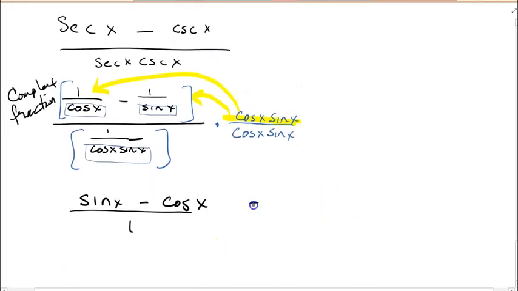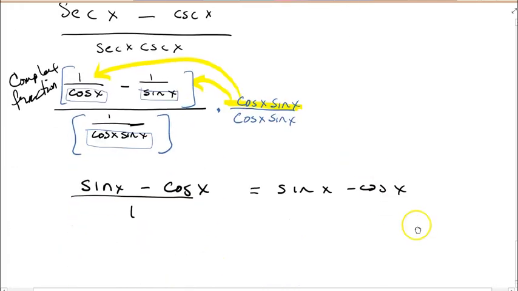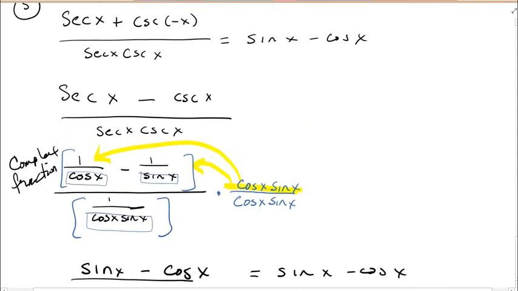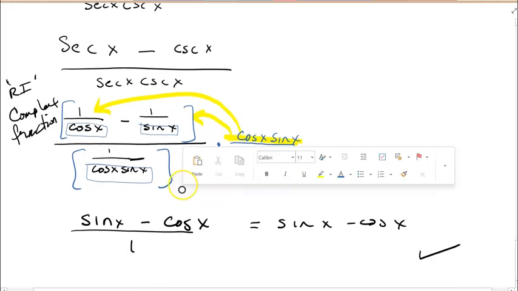And you're essentially done, because our right-hand side was indeed sine x minus cosine x. So you changed using our reciprocal identities. Think back of what we did. Simplified a complex fraction.